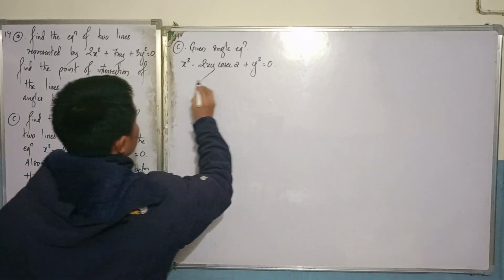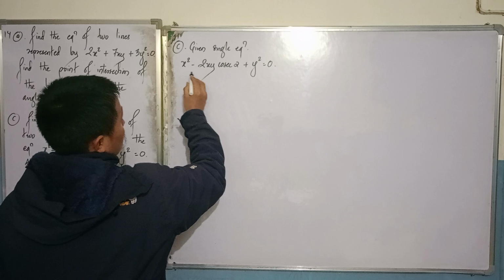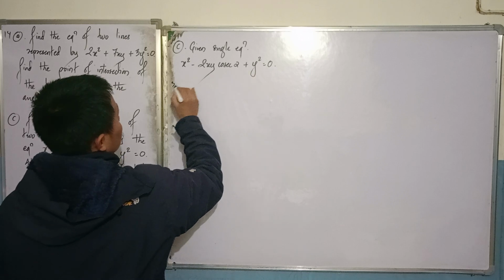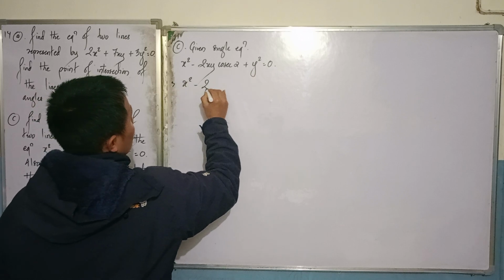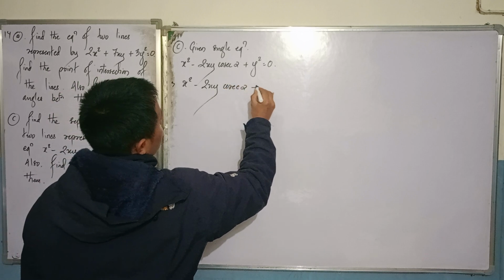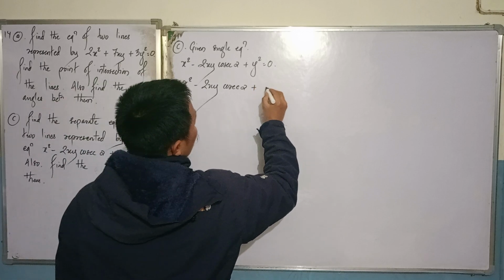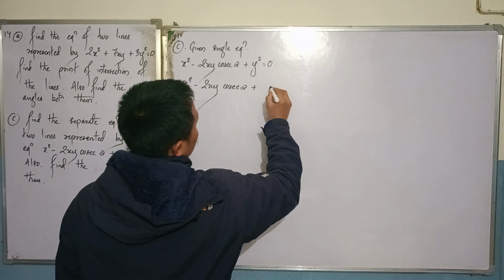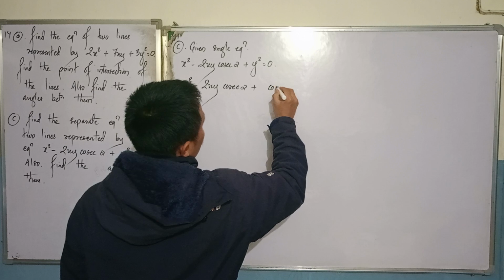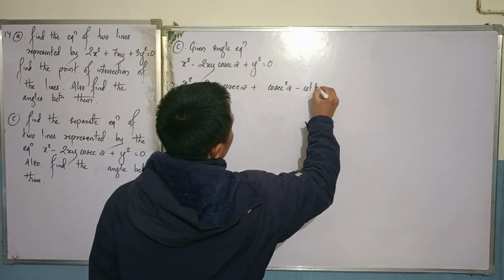Okay, so here, just like we did earlier, I just factorize this. 2xy cosec alpha. Now nothing here means 1, so instead of 1 you can write here cosec squared alpha minus cot squared alpha.